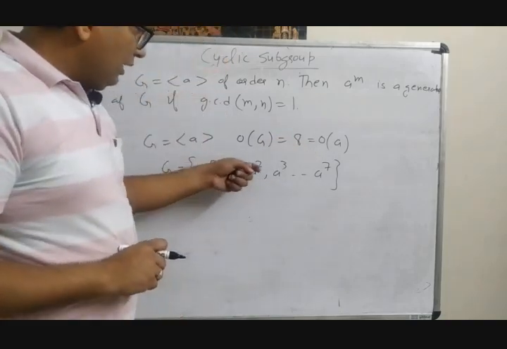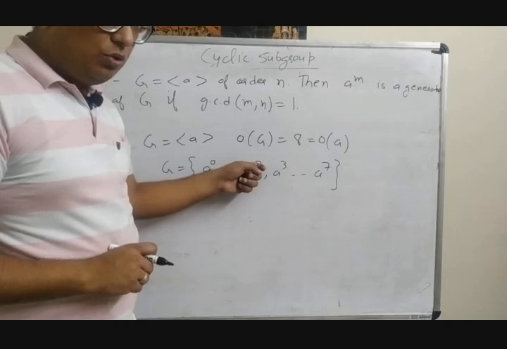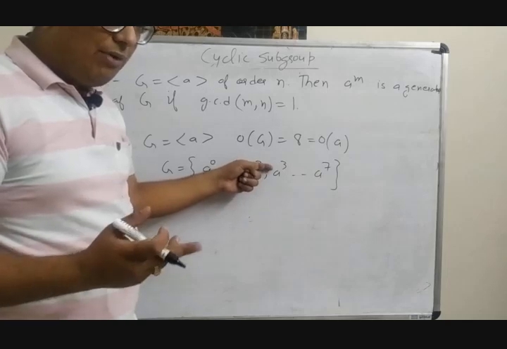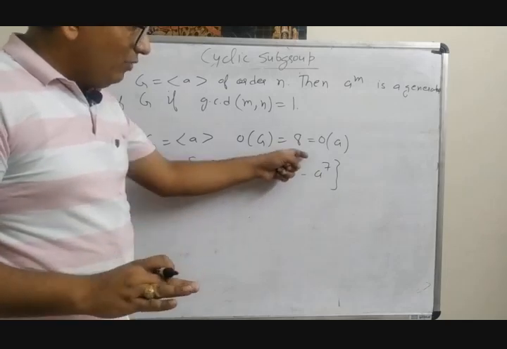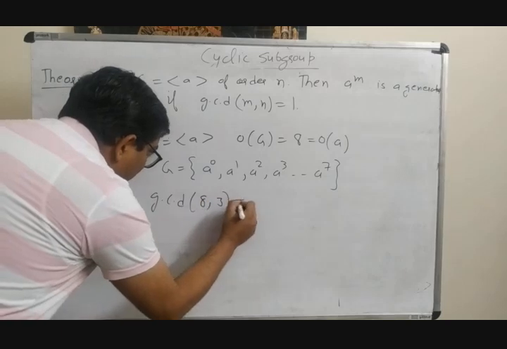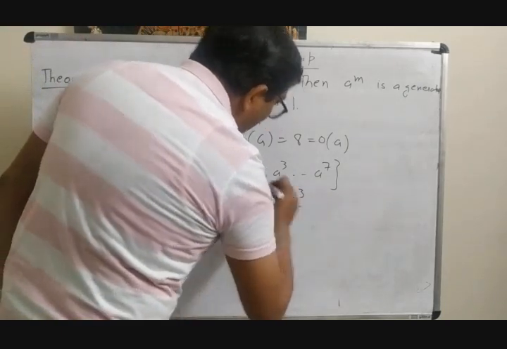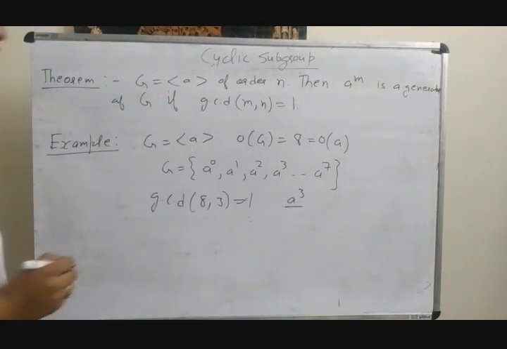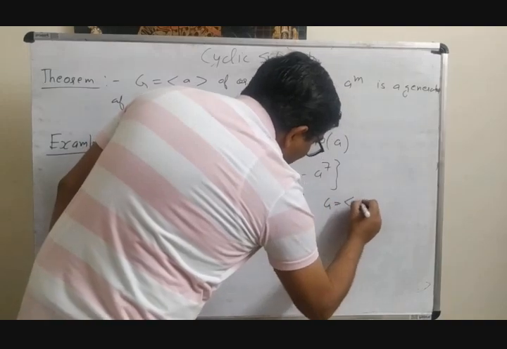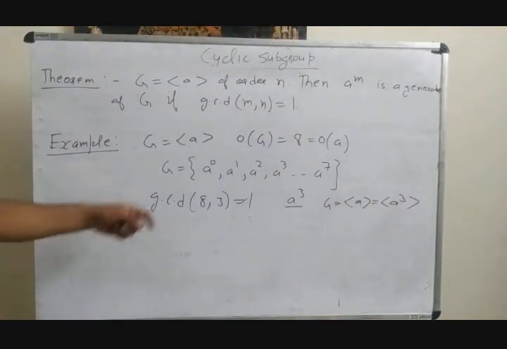Now we know that the greatest common divisor of 8 and 2 is not equal to 1. What is the greatest common divisor of 8 and 3? It will be 1. So A cube is the generator.